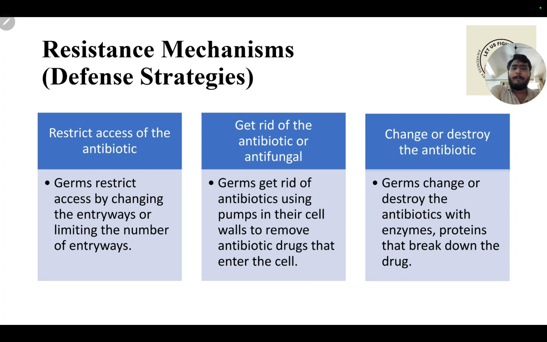The second very popular mechanism amongst microorganisms which show resistance towards antimicrobial agents is that they get rid of the antimicrobial agent. So what does this mean? Here the microorganism may not be able to restrict the antimicrobial agent from getting inside them. So the antibiotic gets into the bacterial cell. But then the bacteria has found ways to throw these antibiotics back into the outer environment.